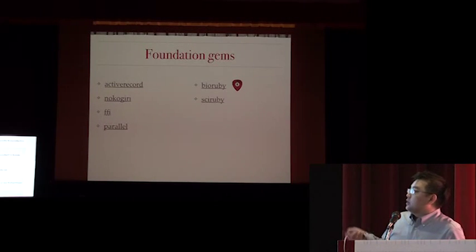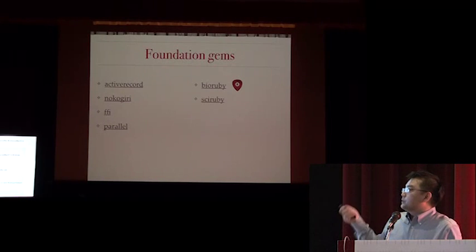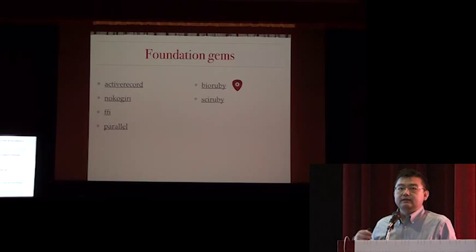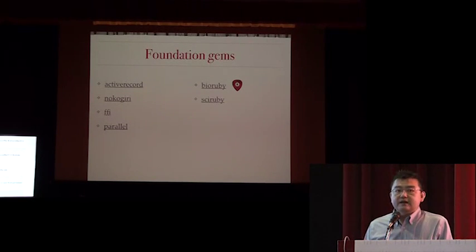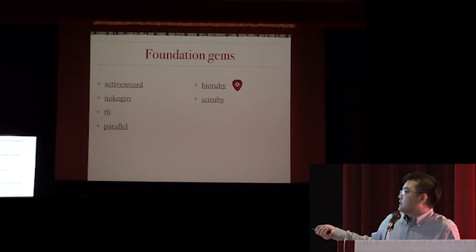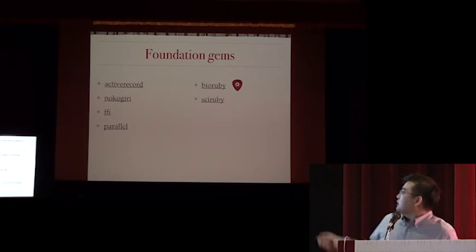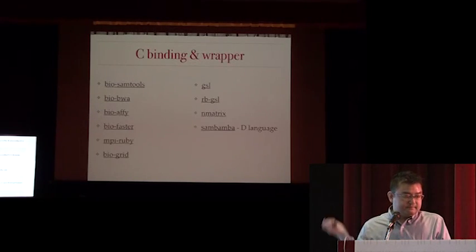We use ActiveRecord very often. We use Nokogiri often. If you want to combine with a C library, you can use the FFI gem. If you need to do something in parallel, you can use the parallel gem. Okay, and also BioRuby and SciRuby are very basic.